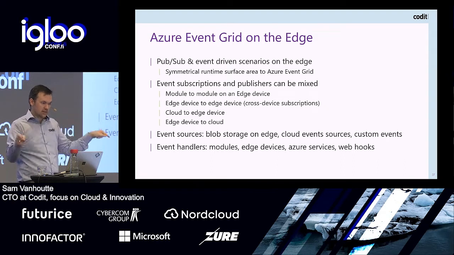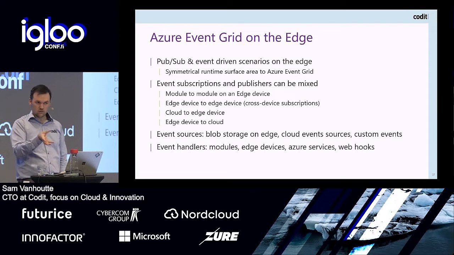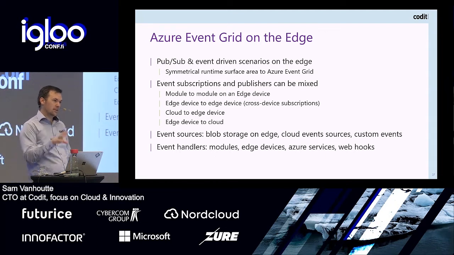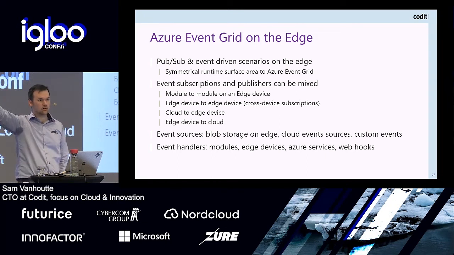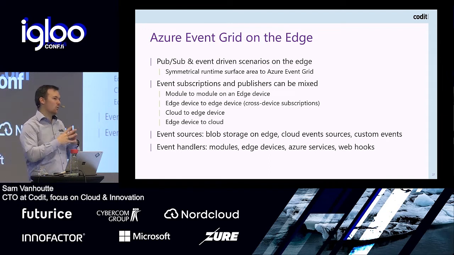You can use edge device to edge device, and you can also use it to do cloud to edge device. So you can subscribe with your local IoT Edge device on events that happen in the cloud, again using the same patterns. And you can use your Edge device to publish events into a topic that is in the cloud as well. So this makes it all quite complex for your IoT scenarios.